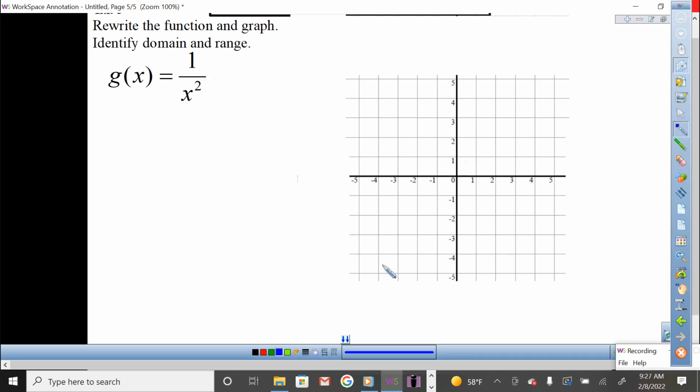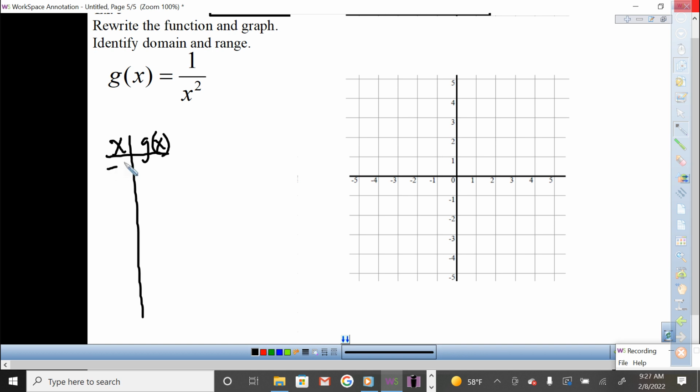So for that, just so that you can see where we're at, let's make a table. Let's do x, g of x. And this is just so that you can see what the new graph is going to look like. Okay? So this is going to be our new parent function of a rational. But I'm going to leave it as g of x because f of x will be without the exponent, yes?